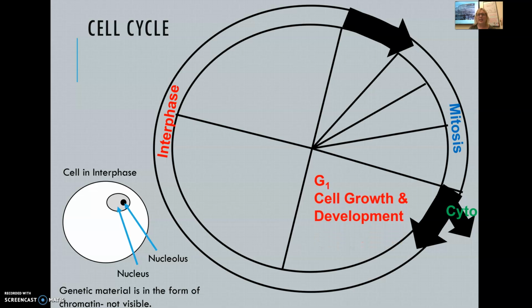All right, so we're going to break down the three parts of interphase. So the first thing is that once the cell has divided from the previous cycle, it goes through what's called G1. And that's where the cell is growing, it's making more cytoplasm, all that kind of stuff, getting bigger and ready for the next part, which is called the S phase.